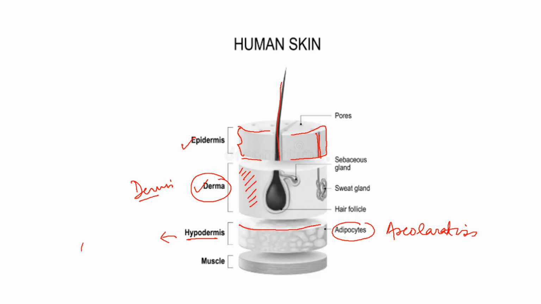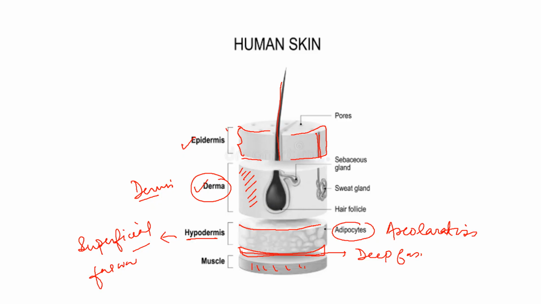Another name of the hypodermis is superficial fascia. Below the superficial fascia, we have a connective tissue layer known as the deep fascia, and then you can see the muscle layer. So this is the whole view of human skin and its structures.